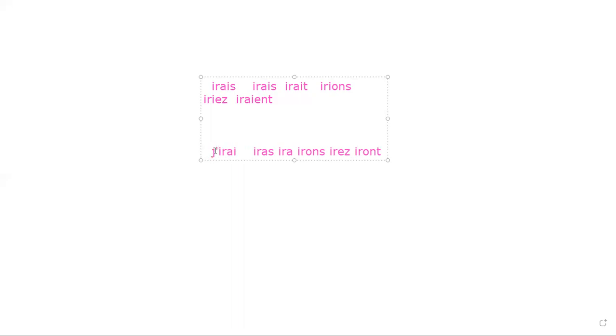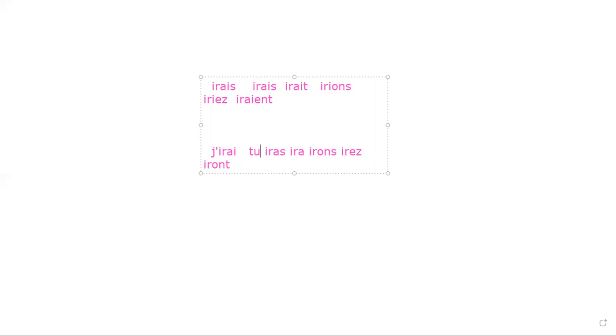J'irai. Tu iras, because we have the same formula, re ra ra ro re ro. The formula of aller future is that I just have to insert I. That's it. Is it clear to you?